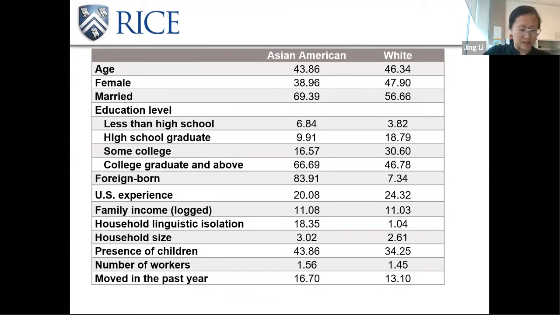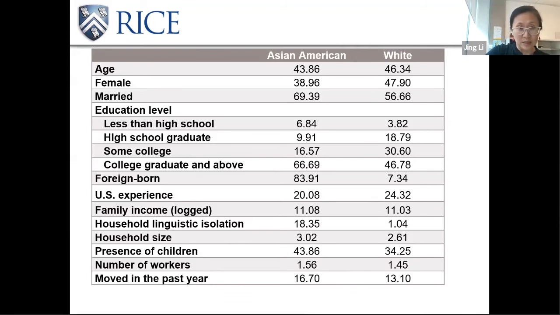Compared to whites, Asian American households also tend to be bigger in size and more linguistically isolated, and more likely to have children under 18, have more workers, and have higher residential mobility in the last year.